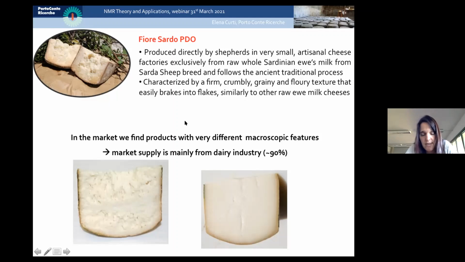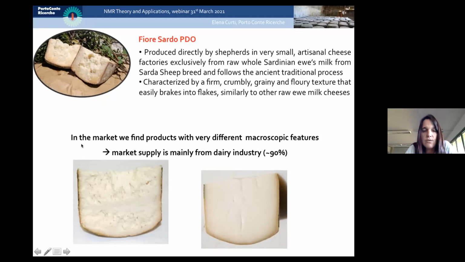That's because the market supply is mainly from the dairy industry. So these products are likely to be put on the market by big dairy factories.